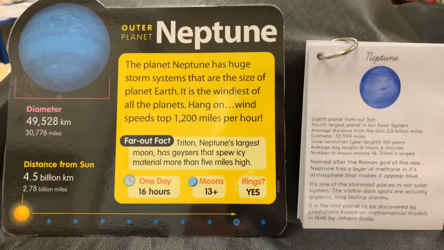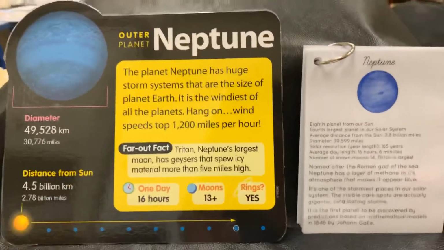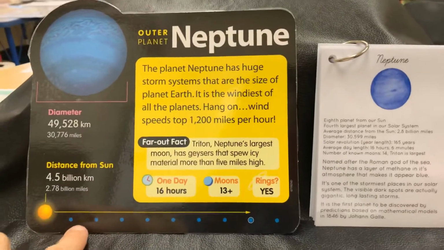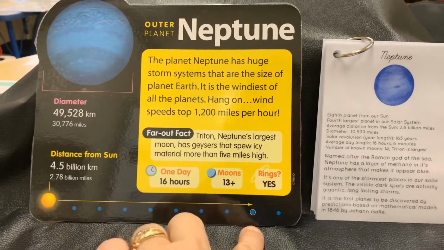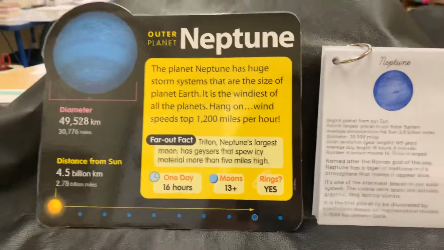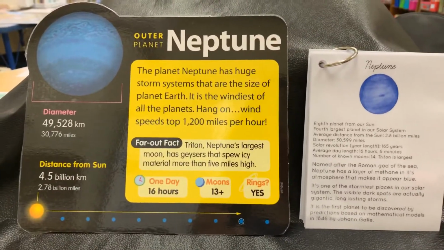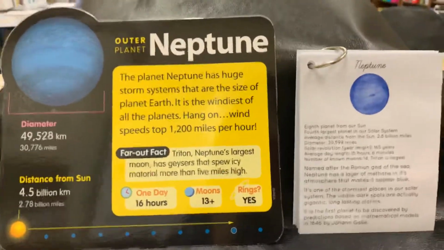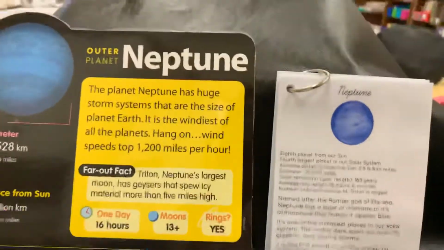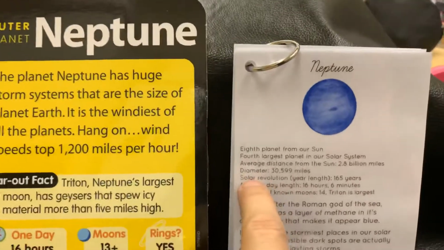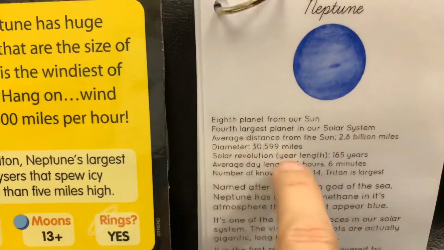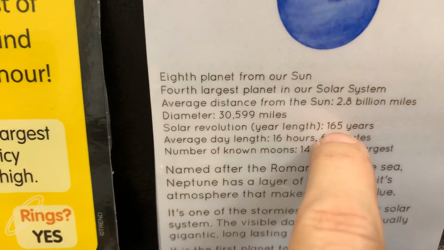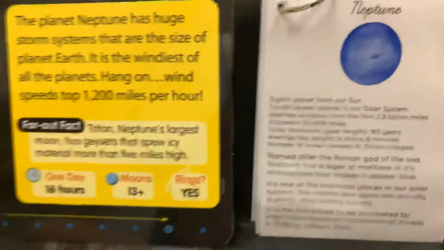What's the name of your planet? Neptune. What position is your planet from the sun? You're right. Okay. How long does it take the planet to orbit the sun? That's its solar year or solar revolution. How many Earth years? All right, that's its year length.